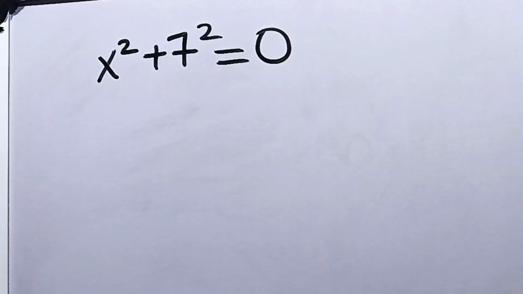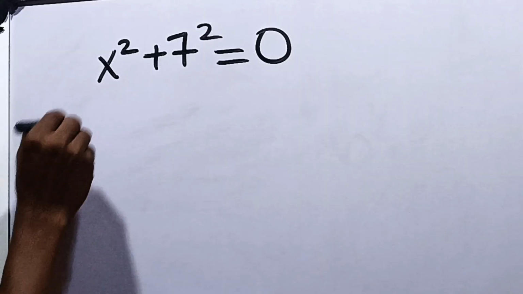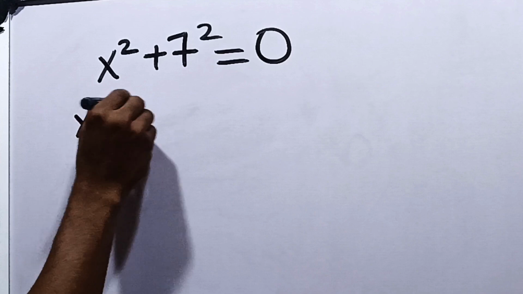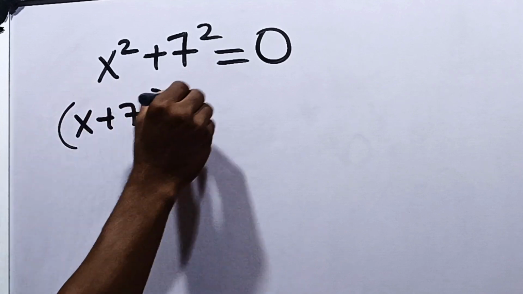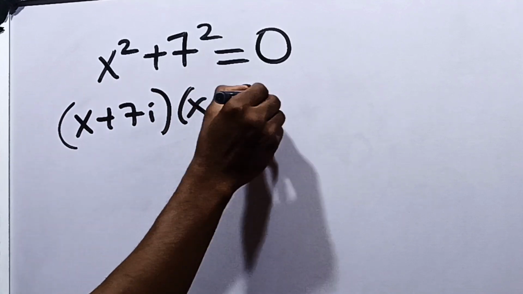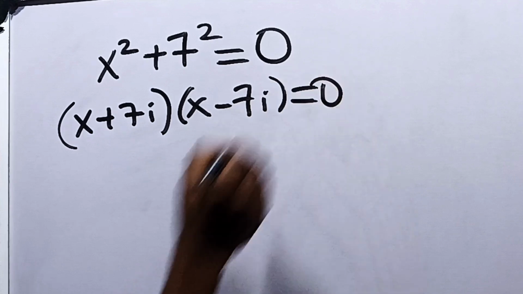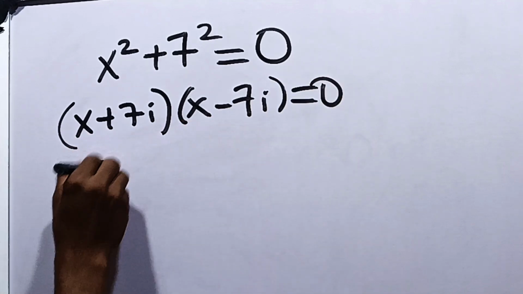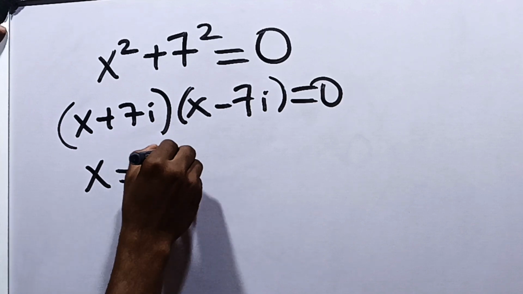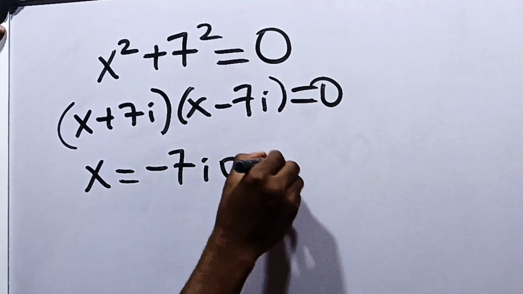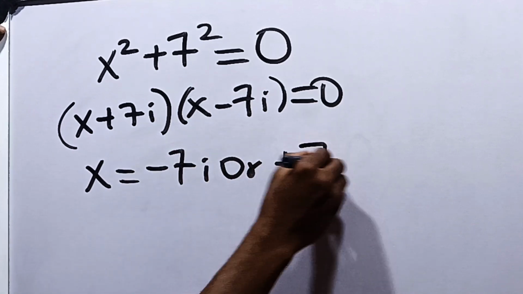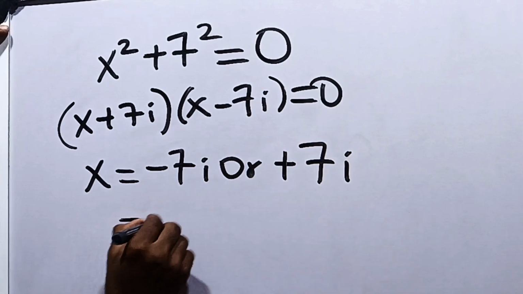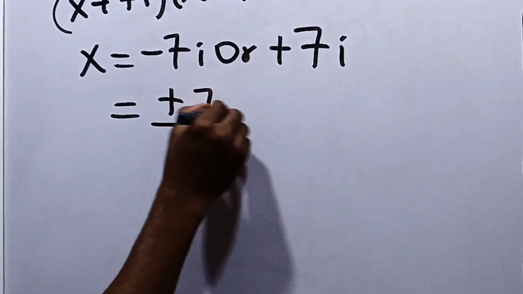Okay, moving on from here, we can now use the law of sum of two squares. So we have x plus 7i multiplied by x minus 7i is equal to 0. Okay, now again, it's either that this is equal to 0 or this is equal to 0. So it's either that x is equal to -7i or positive 7i. Hence, x is equal to plus or minus 7i.